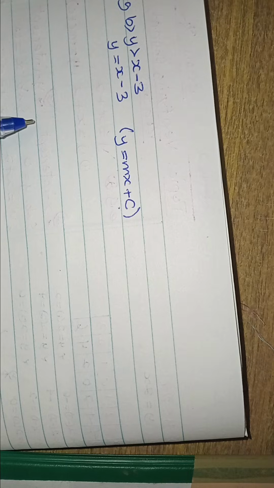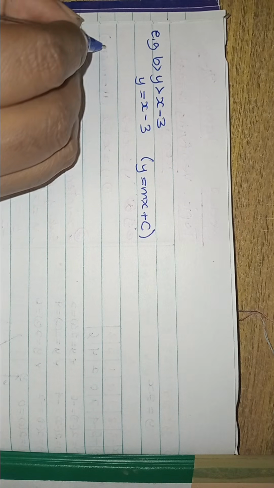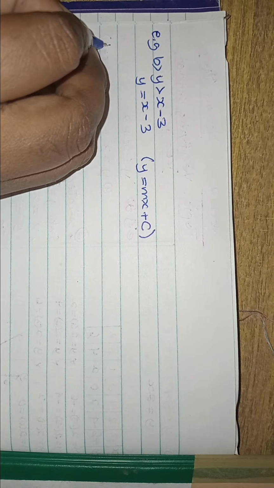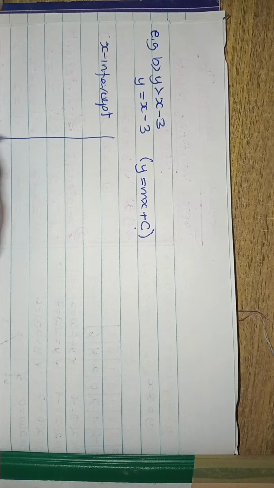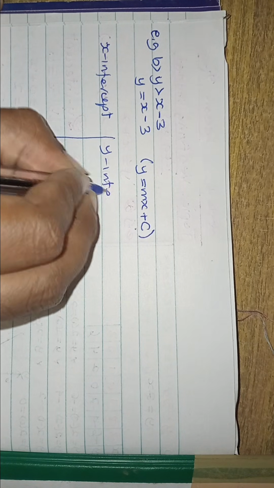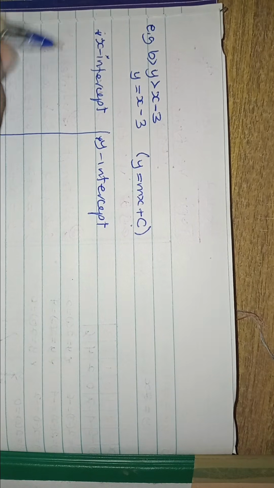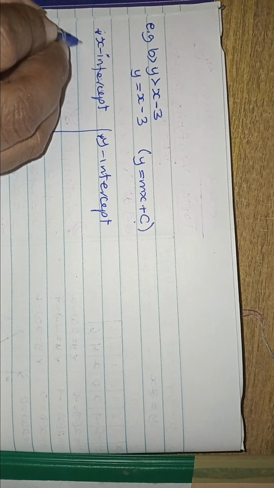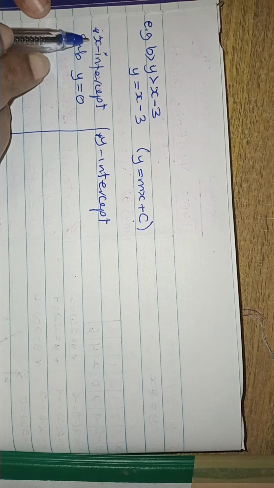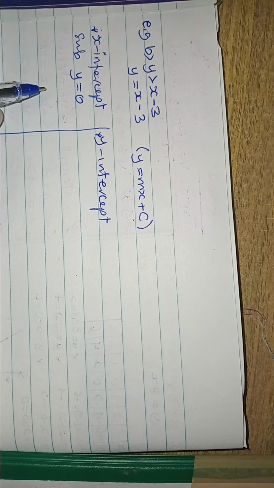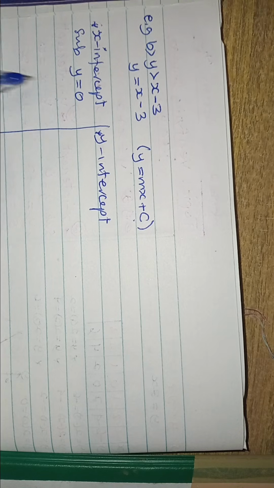Okay, we are going to draw the graph just by finding the x-intercept and the y-intercept. So let's do it. Let's find the x-intercept. Again, to find the x-intercept, we substitute y equals 0 because the line cuts the x-axis at exactly y equals 0.